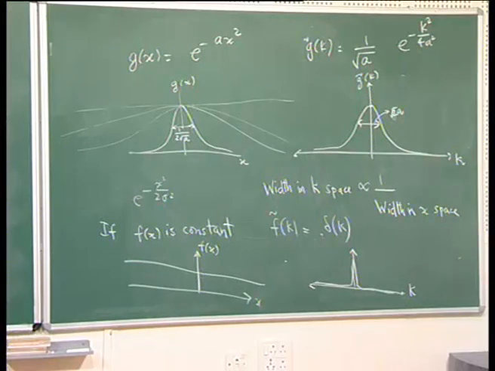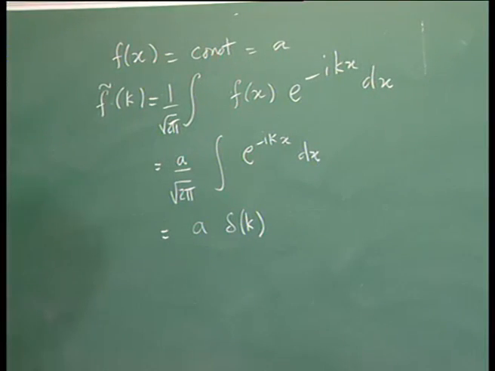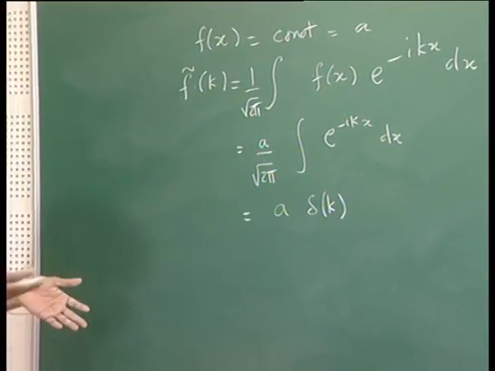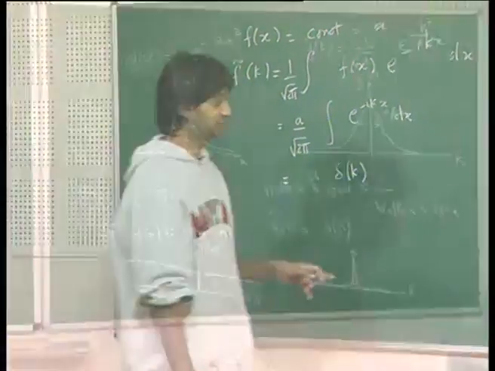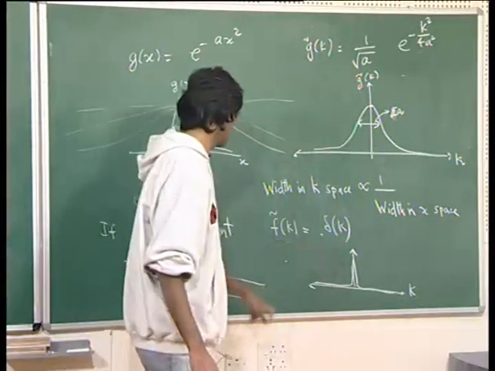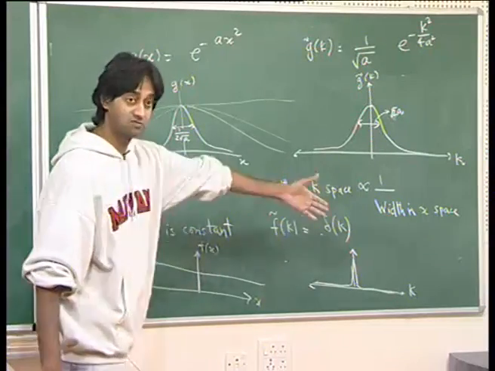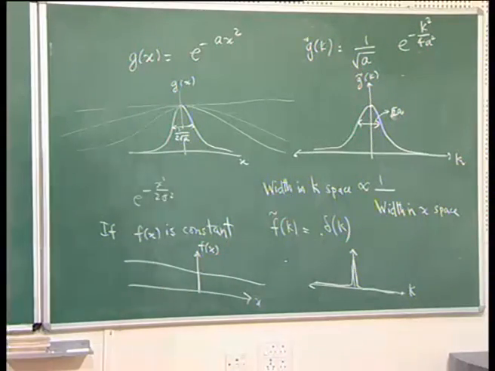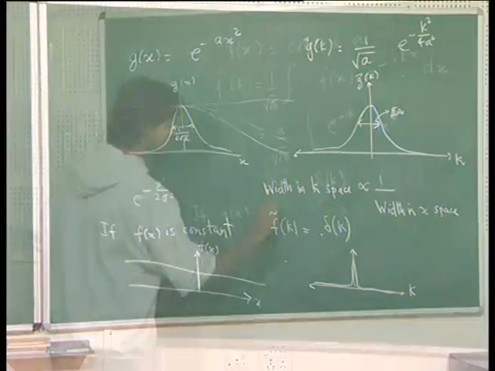Okay, so this is a property of Fourier transforms, that if you have a function that is very narrow in one space, it is very wide in the other. Similarly, the Fourier transform of a delta function would be a constant. Okay, so f of x equal to delta of x.